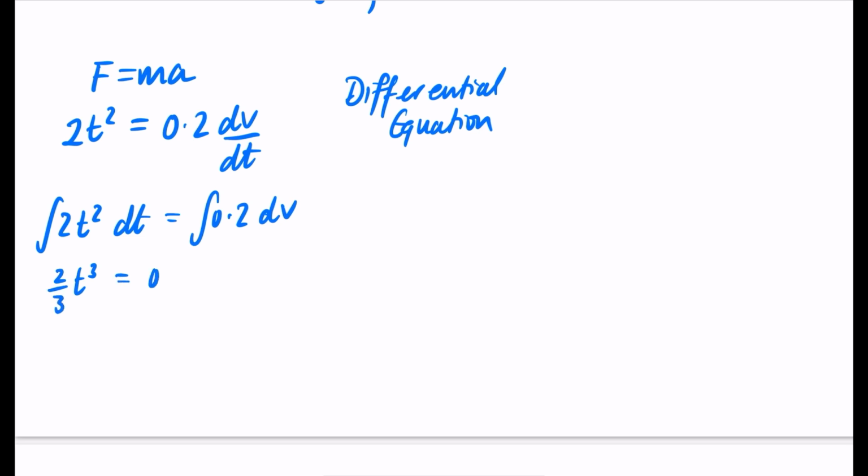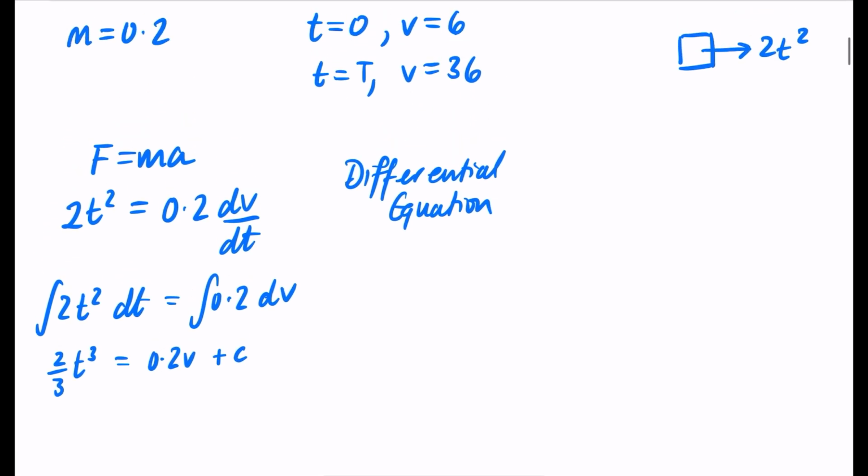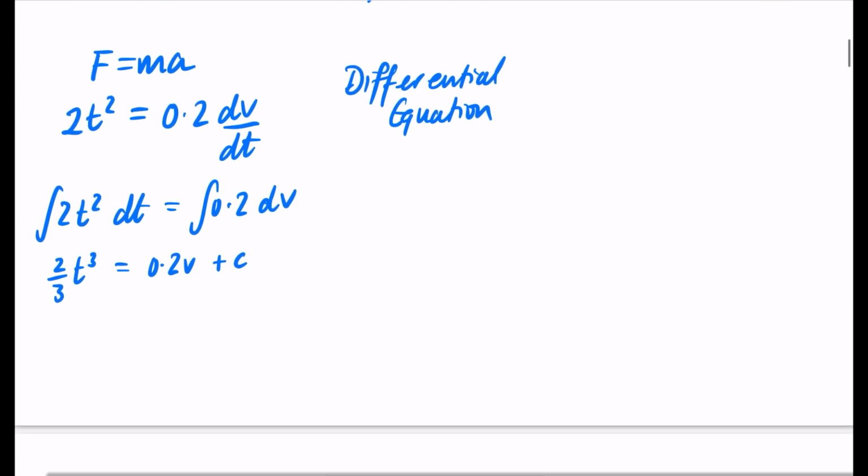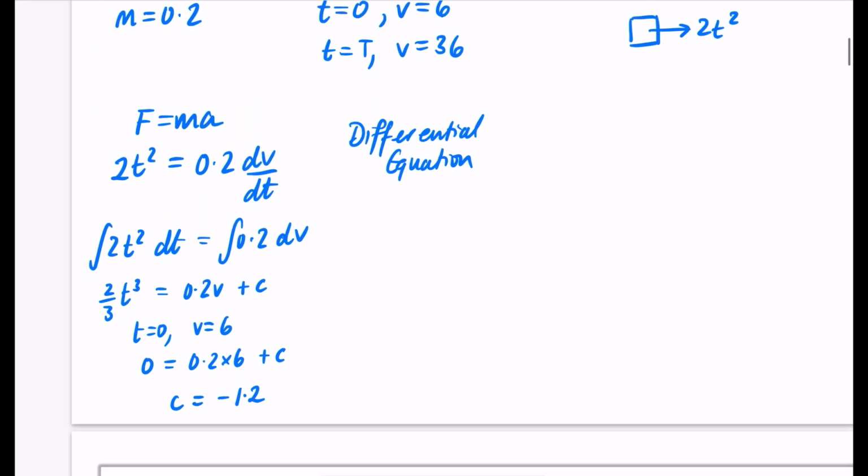I'm going to integrate on this side, I get 0.2v plus c. Now I need to find out what that c is, but they told us this, that when t is 0, v is 6. So 0 equals 0.2 multiplied by 6 plus c, which means that c is equal to minus 1.2.